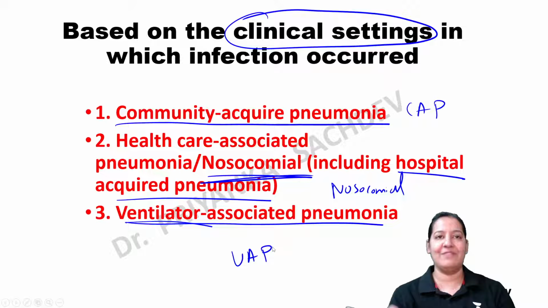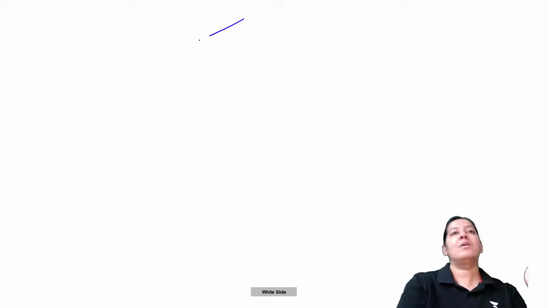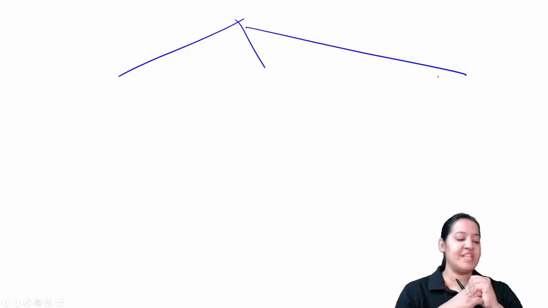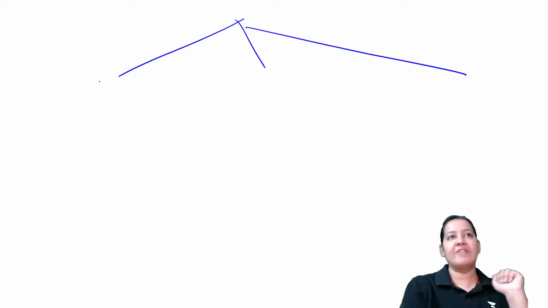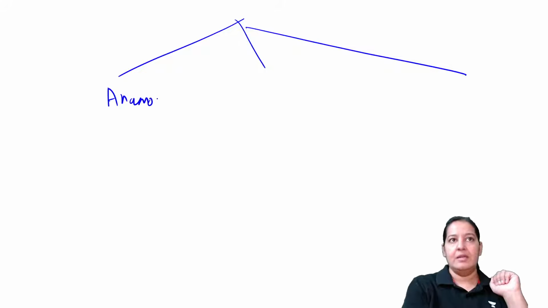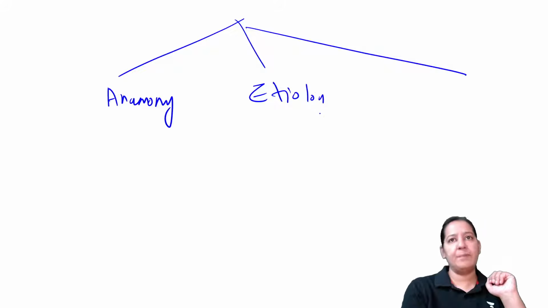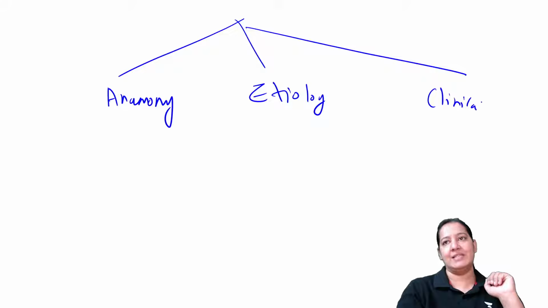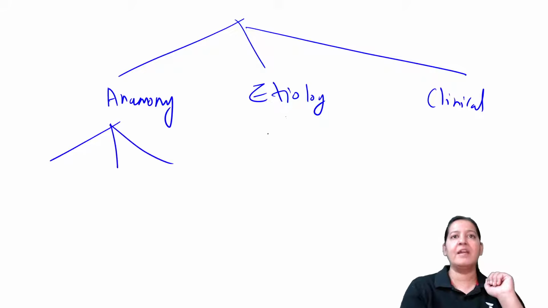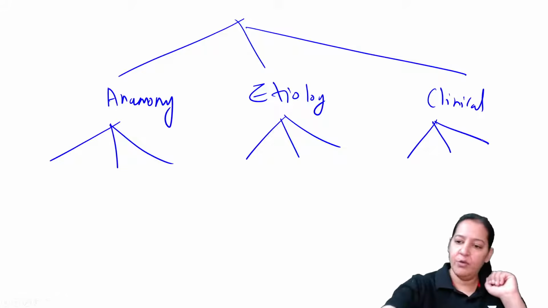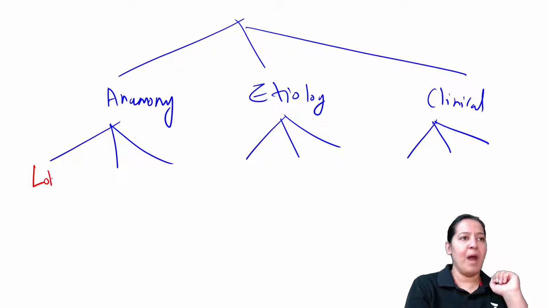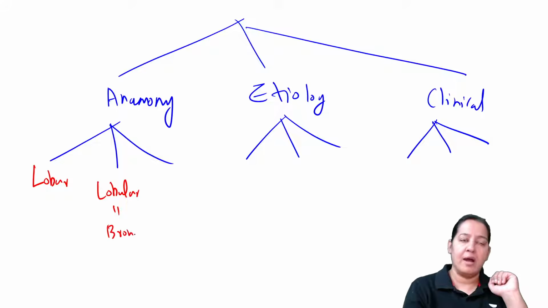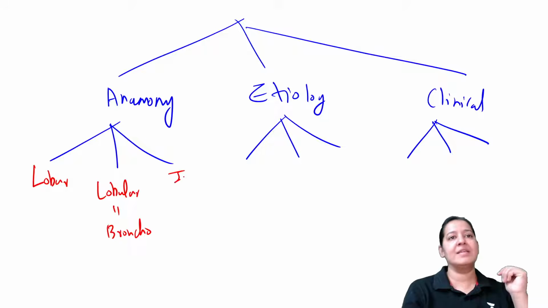Let me finish the classification first. Classify pneumonia. Who will help me? There are three types of classification of pneumonia: first based on anatomy, with three types; based on etiology, again three types; and based on clinical settings, again three types. Based on anatomy, it is lobar pneumonia, lobular pneumonia that is bronchopneumonia, and the third one is interstitial, which is atypical pneumonia.